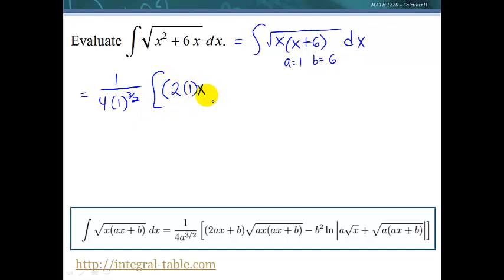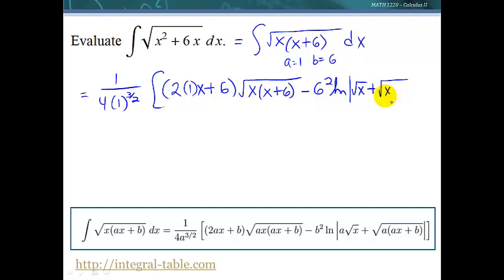A was 1 x plus b was 6, and then the square root of a was 1 x times x plus 6 minus b squared, so 6 squared, times the natural log of a was 1 square root of x plus a was 1, so this is going to be the square root of x plus 6. And then of course we need our constant of integration.